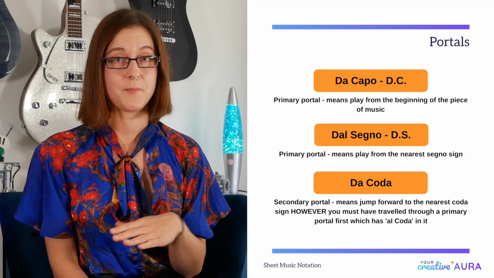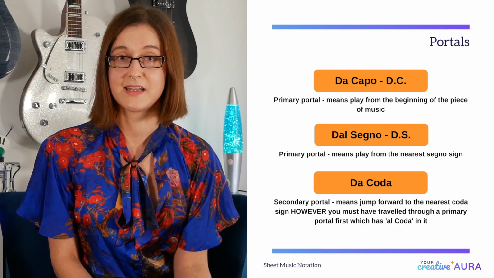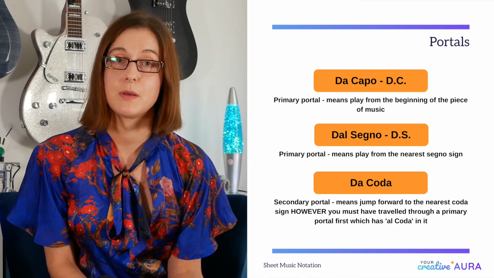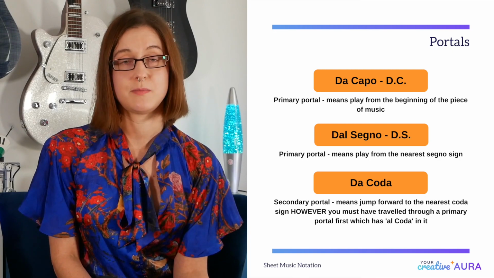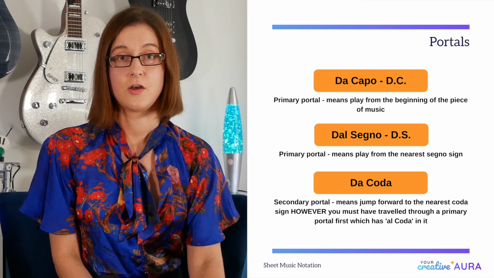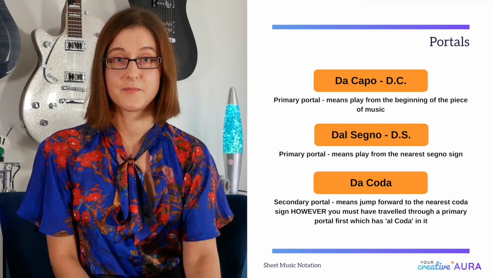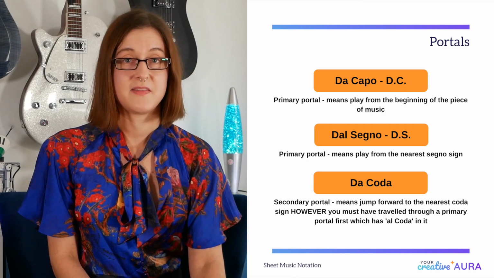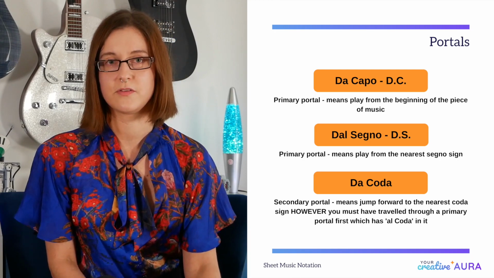Now dal segno, labelled as DS, means from the sign and is also a primary portal. By using DS, you're telling the performer to repeat the music just played from the nearest segno sign. The segno sign is a midway destination, but we'll cover that in a moment.